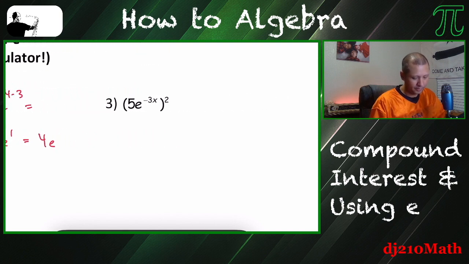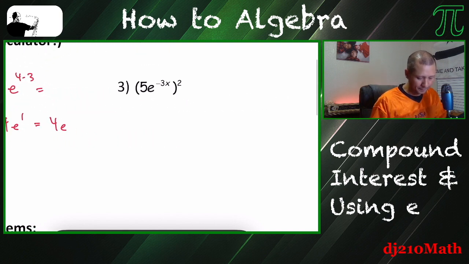Okay. Number 3. 5e to the negative 3x squared. So because the part inside the parentheses is being squared, we can apply the square to the coefficient and to the variable e. So this is going to be 5 squared, and then e to the negative 3x squared.